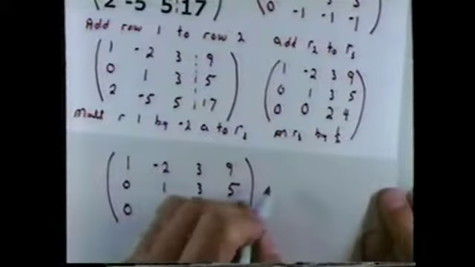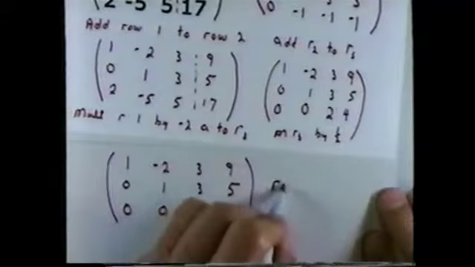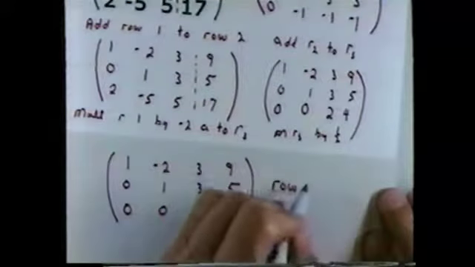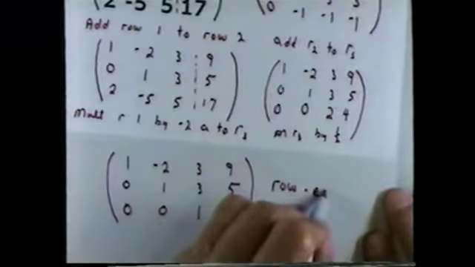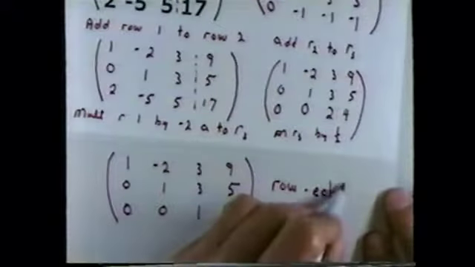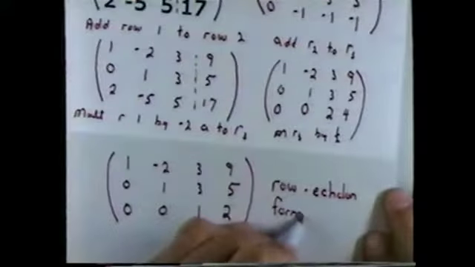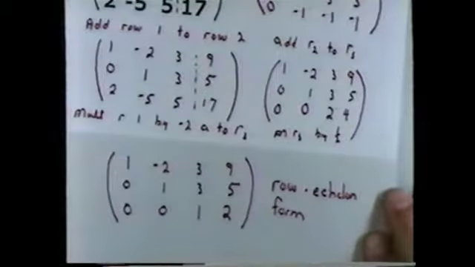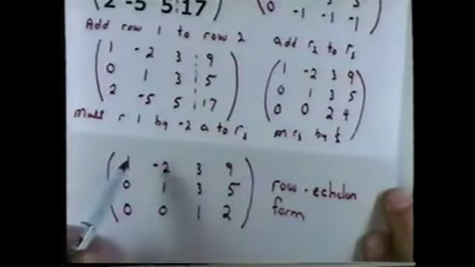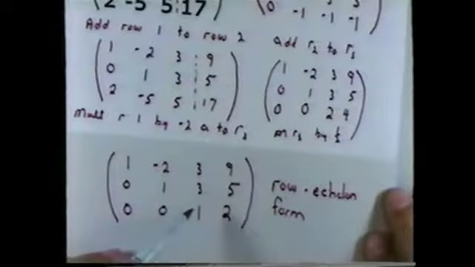Now this matrix is called row echelon form. Row echelon form is when I have all 1s or 0s on the main diagonal and any zeros come at the end, and below the main diagonal, all zeros.